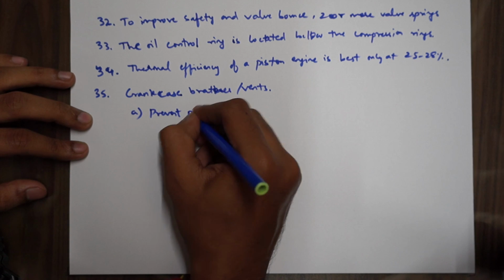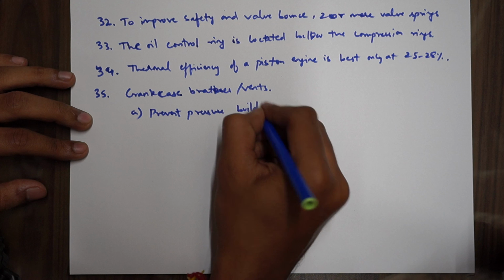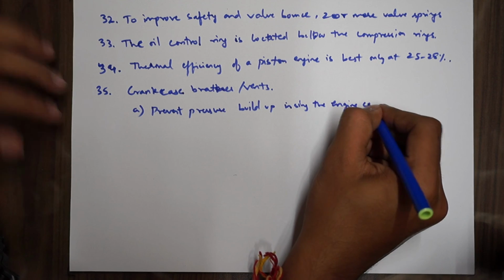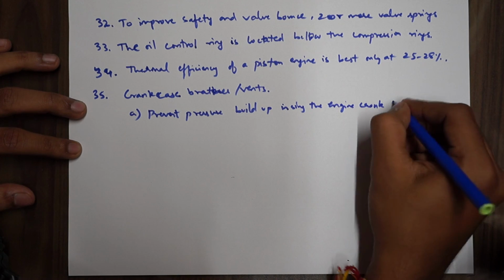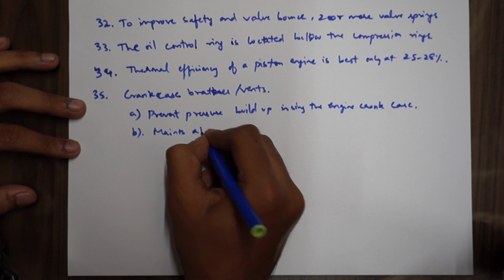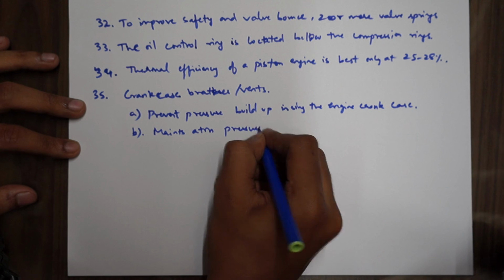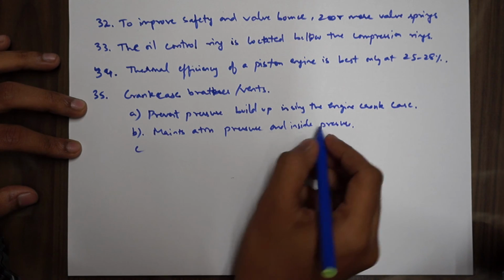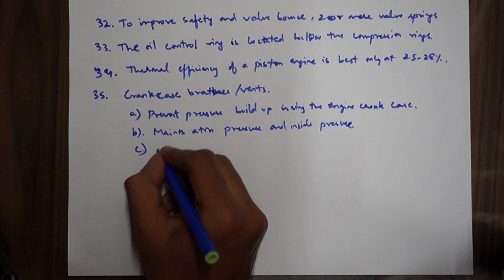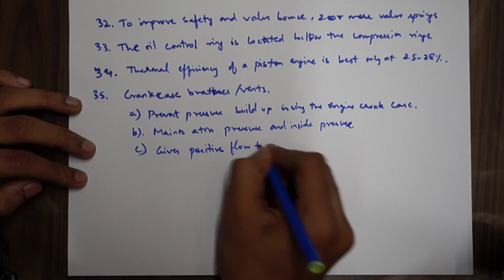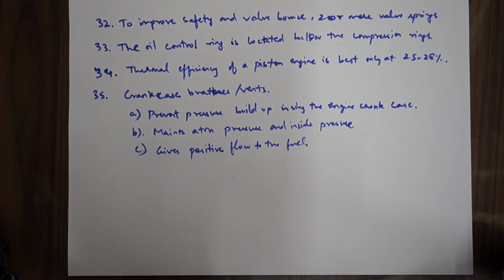Prevent pressure buildup inside the engine crankcase, maintains atmospheric pressure and inside pressure, and lastly, gives positive flow to the fuel. So now this one, the crankcase breather, is generally on the cylinder.